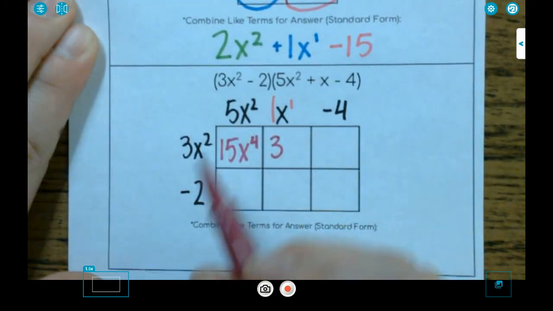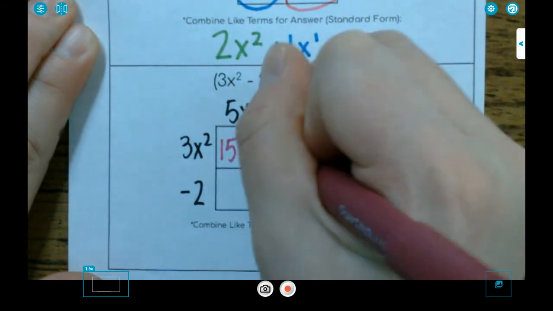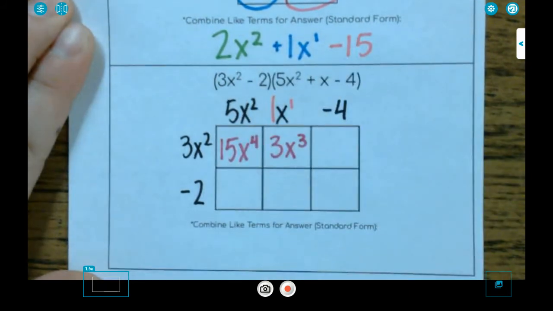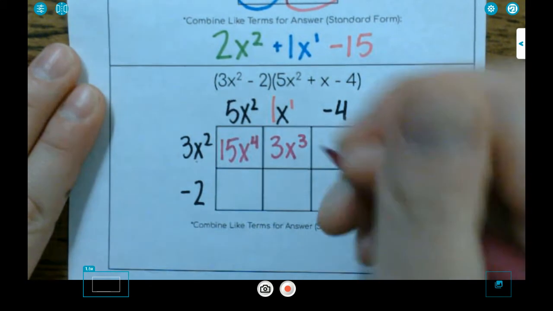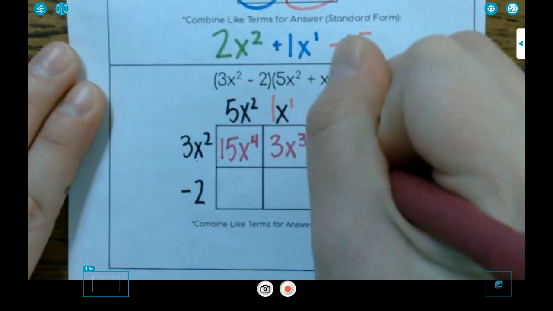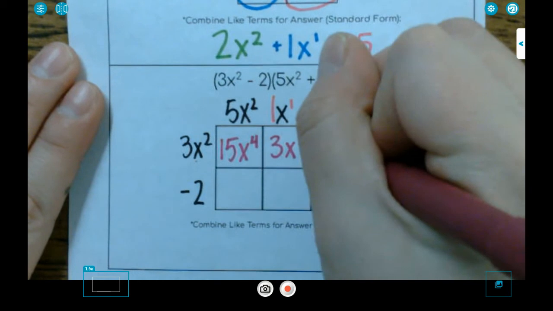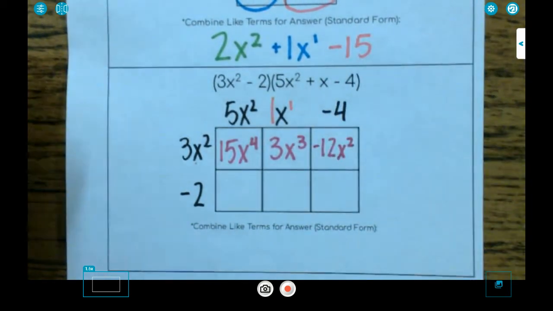I add my exponents. 2 plus 1 is 3. So I get 3x cubed in that top middle box. In my top right box, I've got 3 times negative 4. So that's going to be negative 12. And then I have just x squared. So that just stays x squared.